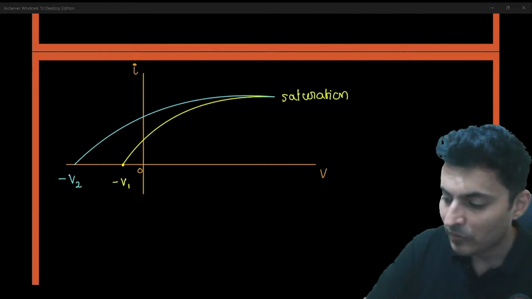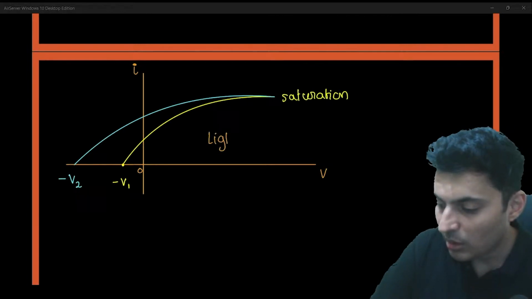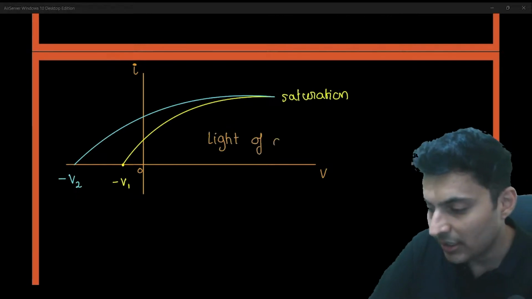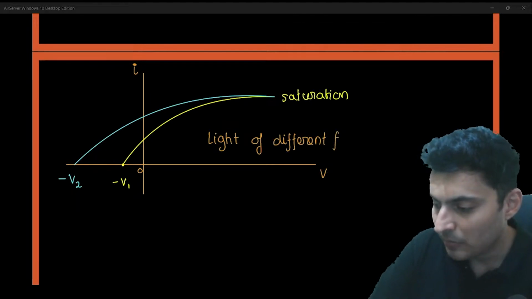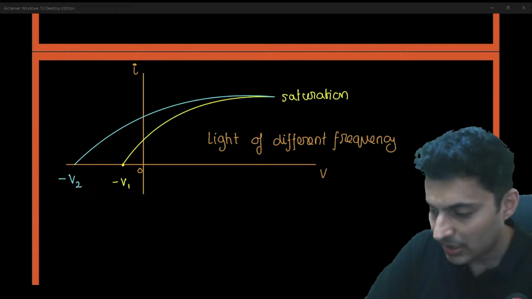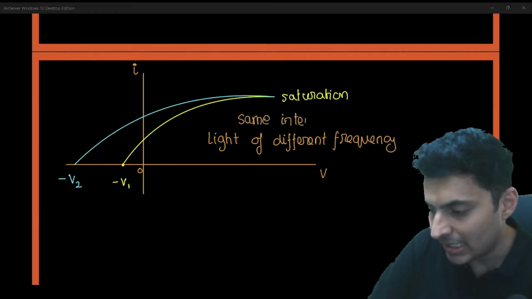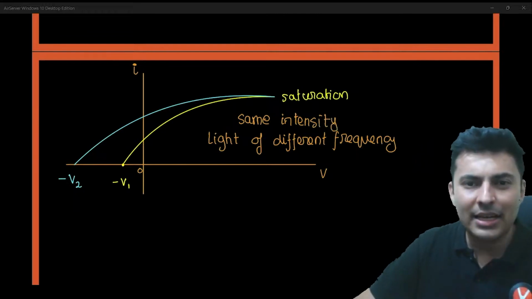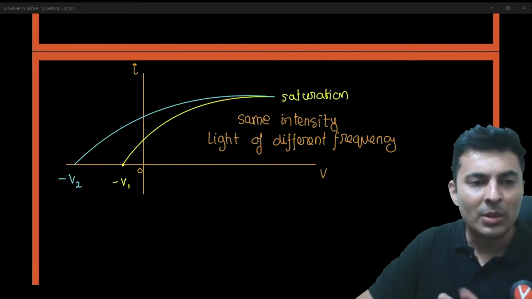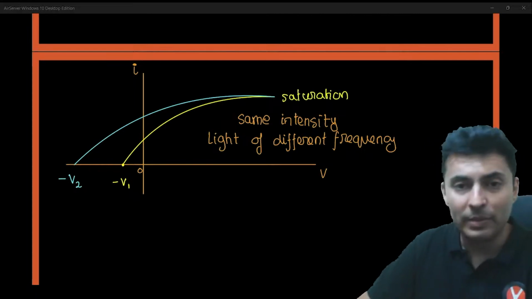So this is with light of different frequencies but the same intensity, because if the intensity is the same, the current will be the same. The current will not change. The only difference is in the stopping potentials.